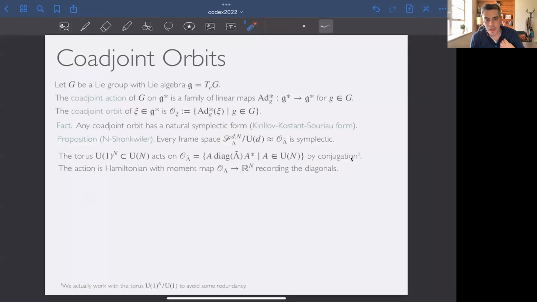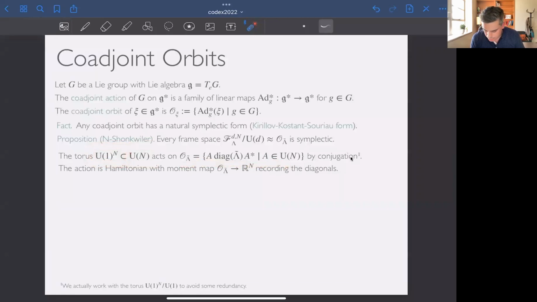Okay, so from that, we are able to combine this with the notion of a Hamiltonian group action and prove this connectivity result fairly painlessly. I have a maximal torus, U1 to the n, sitting in this unitary group. The unitary group, of course, acts on its coadjoint orbit, so the subtorus also acts here.